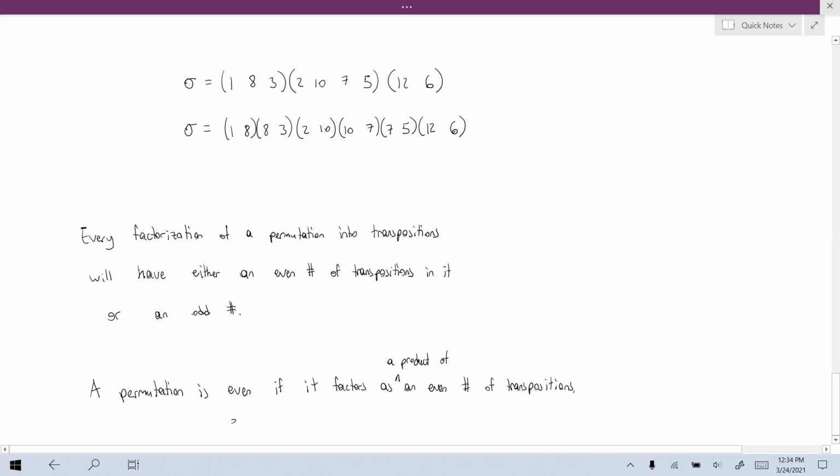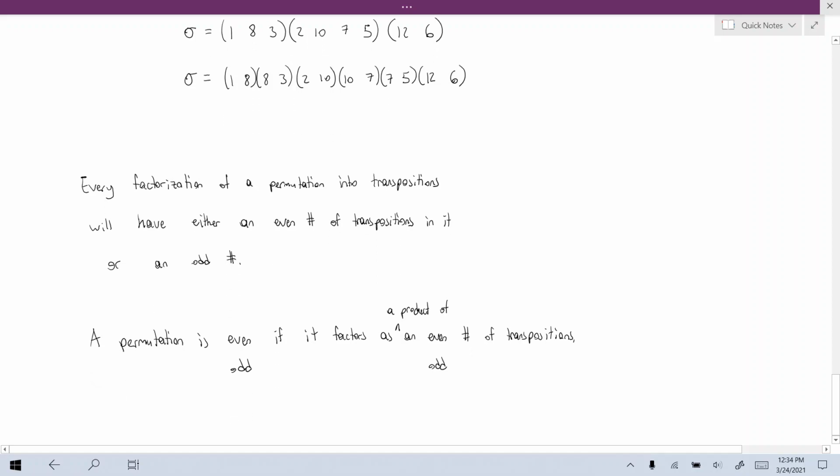And likewise, a permutation would be odd if it factors into an odd number of transpositions, okay? And then just to make sure I'm being clear, you'll never have a permutation that factors into both an even number of transpositions and also an odd number of transpositions. So either every factorization gives you an even number, or every factorization will give you an odd number, okay? All right.